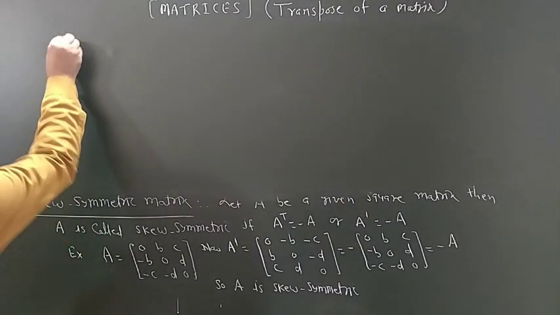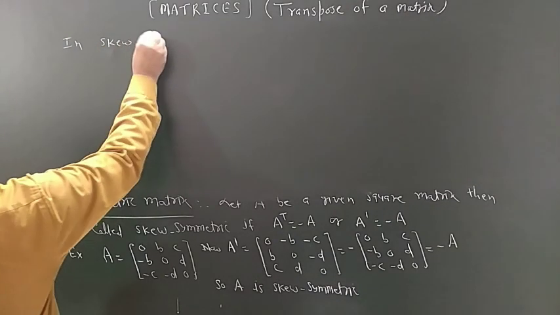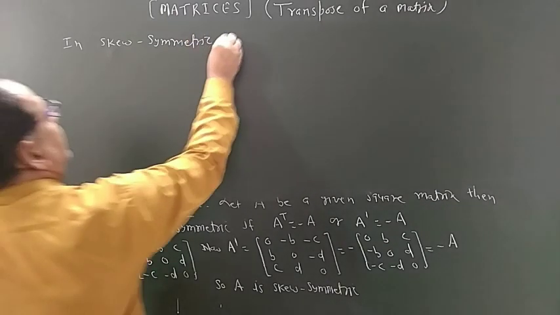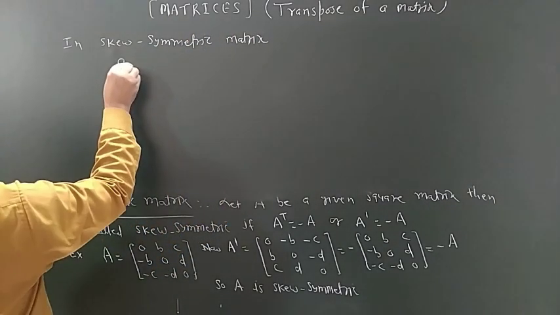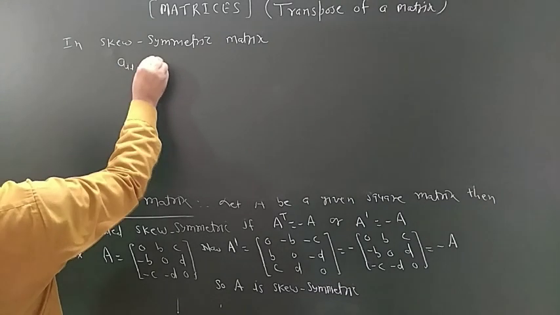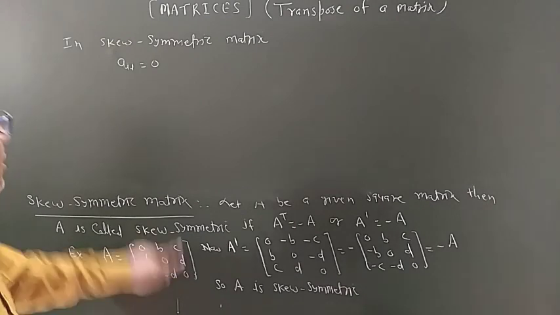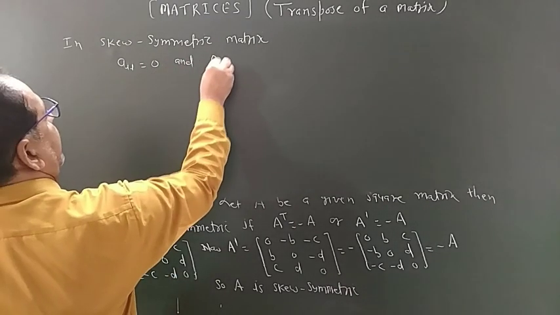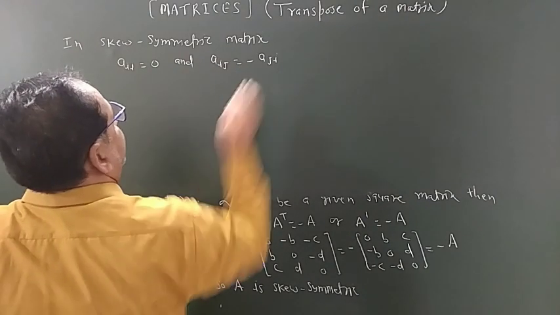So in a skew symmetric matrix, Aii equals 0. That means A11, A22, A33 are equal to 0, and Aij equals minus Aji.